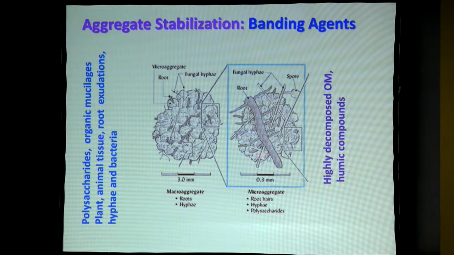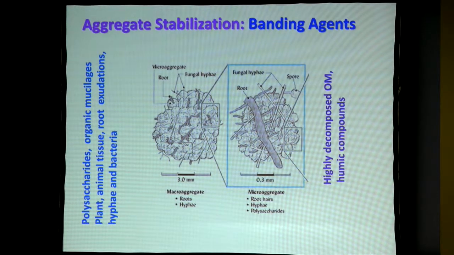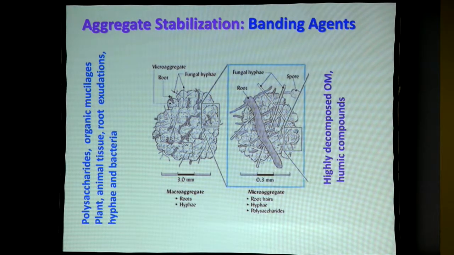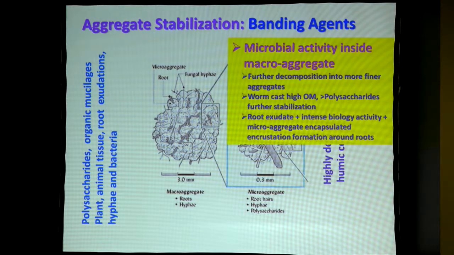So inside those microaggregates, there is highly decomposed organic matter, and more of this together is going to form that macroaggregate. We have all of these polysaccharides and other compounds that come from the decomposition of the organic matter. But this is the part that was interesting.